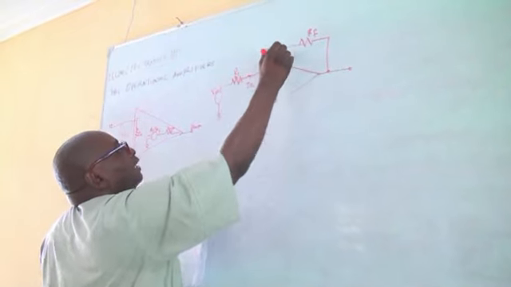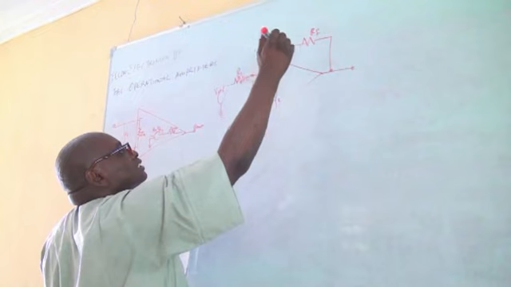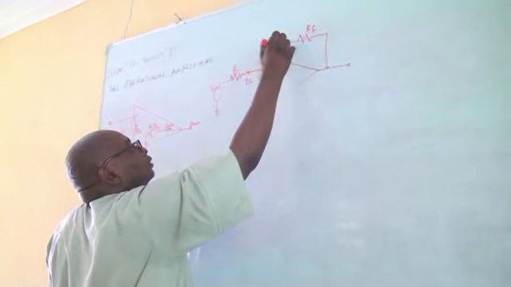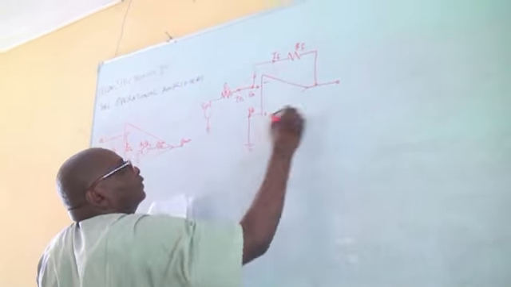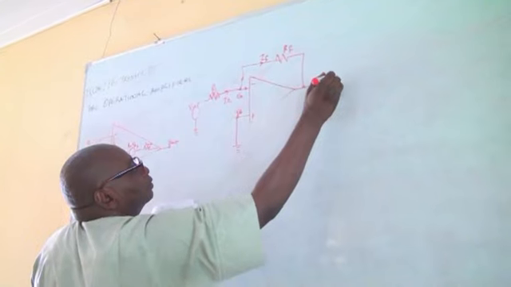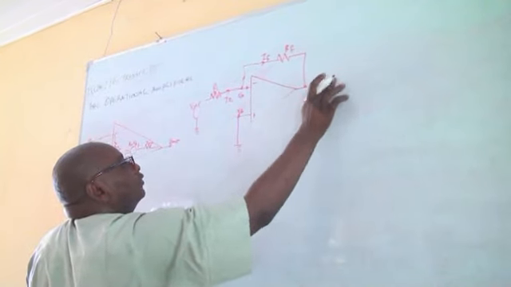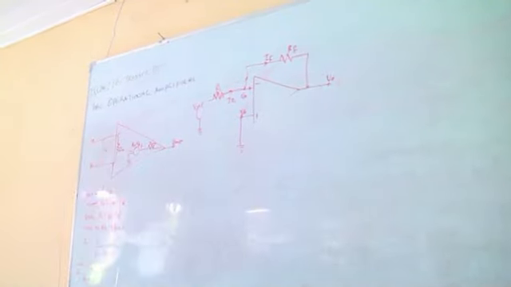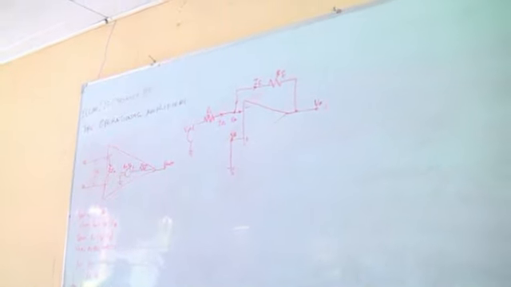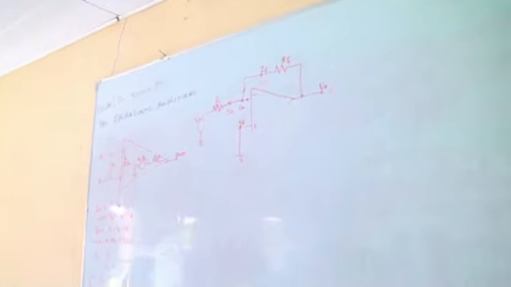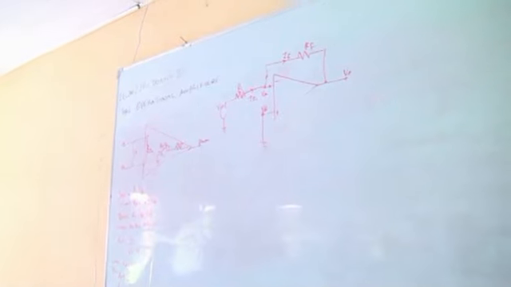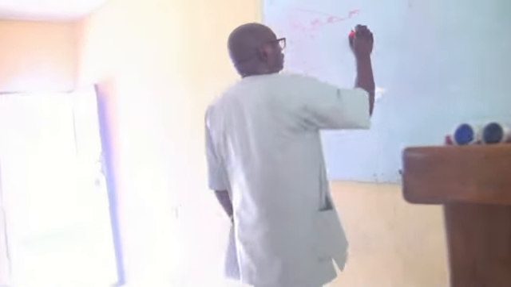So here, the feedback resistor current will be what? IF. And here we're going to have V out, or let us put it V naught. Op-amp as an inverting amplifier. That's the title.